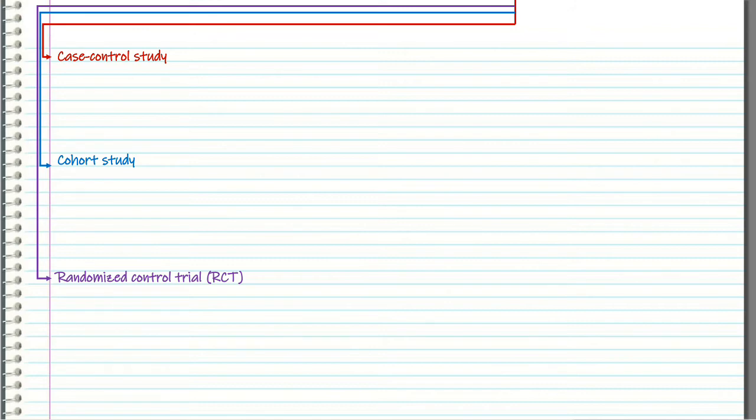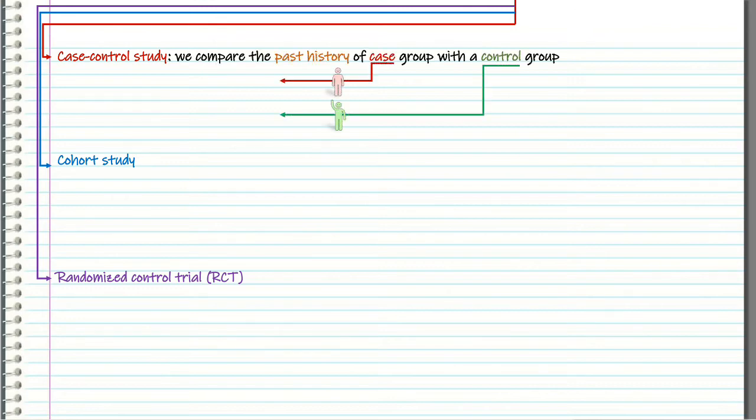In a case control study, we are comparing the past history of the case and the control group with each other. Usually we use a case control study for diseases that are not very common. We have a group of people that have the disease, and we match them with a control, and then look into the past history. For example, we will find that people who have the disease are smokers or smoke more than the others.